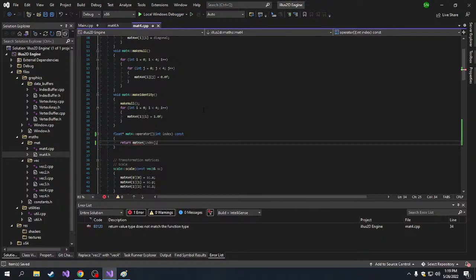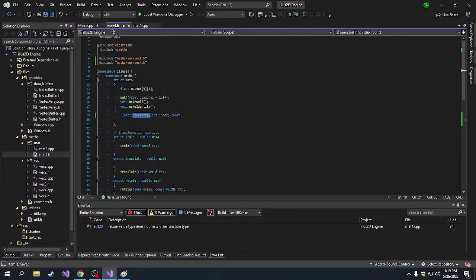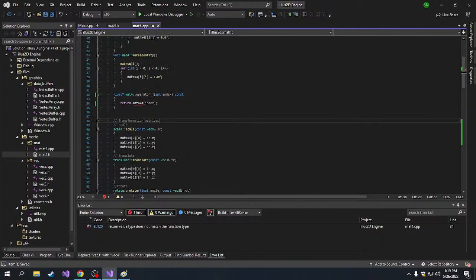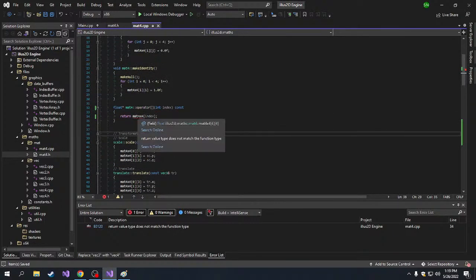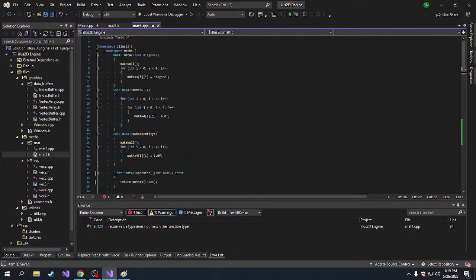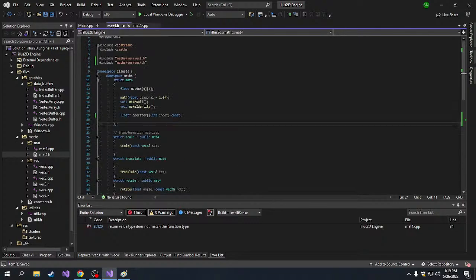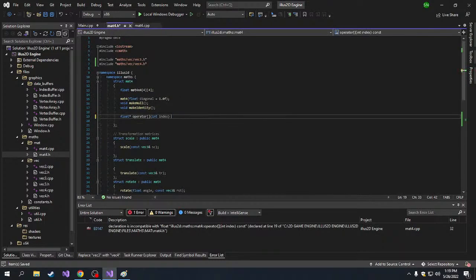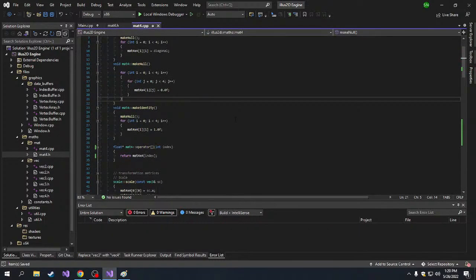It's the same function. We're returning a pointer to float array. I was trying to check if this works or not. Does not match the function type. What do you mean? It does match the function type. It's a float. We're returning a float. I'll just leave it for now. It's working fine. I don't need to change anything.